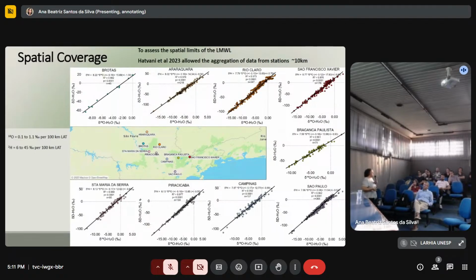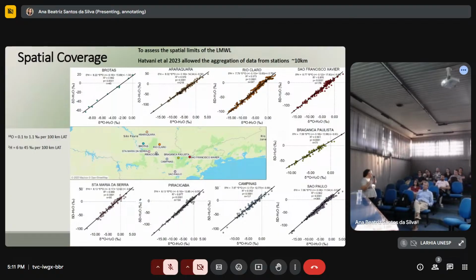And what about the spatial coverage? The paper I showed you from the Mediterranean area tried to assess spatial coverage to decide how far this local meteoric water line can be used. What is the area this line can be applied to?